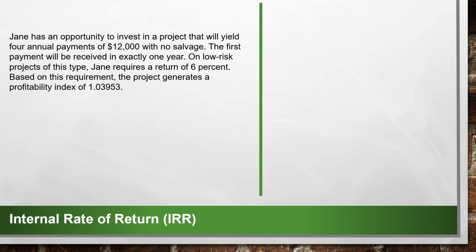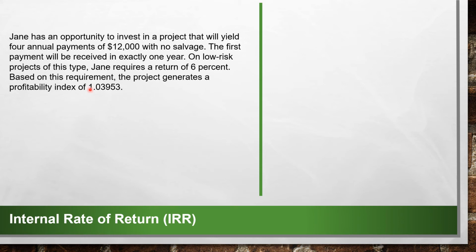So we have here a problem. Jane has an opportunity to invest in a project that will yield 4 annual payments of 12,000 with no salvage value. The first payment will be received in exactly 1 year. On low risk in projects of this type, Jane requires a return of 6%. Based on this requirement, the project generates a profitability index of 1.03953.